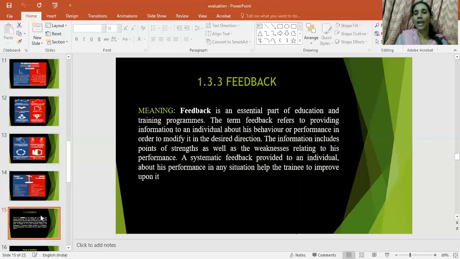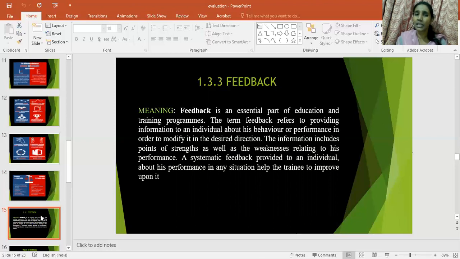The term feedback refers to providing information to an individual about his behavior or performance in order to modify it in the desired direction. It means providing information to a learner about his behavior, his performance, his achievements, his grade, everything.